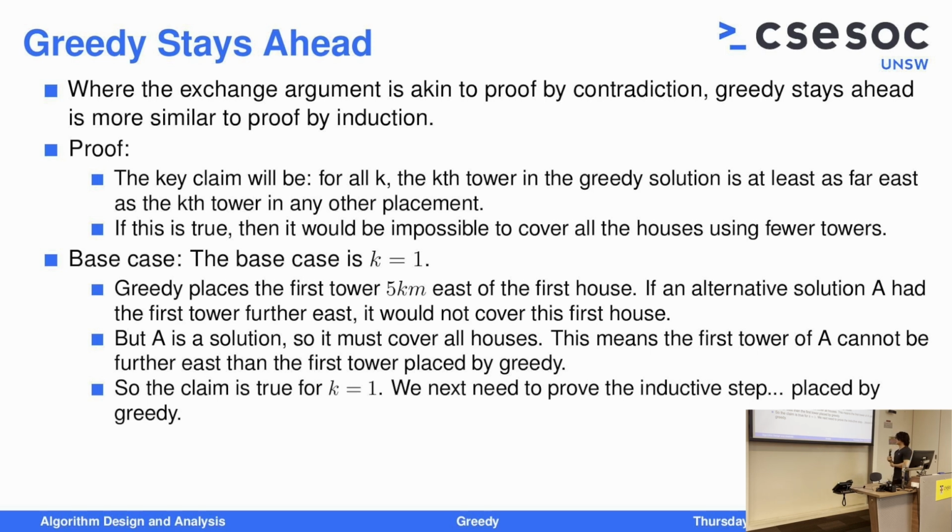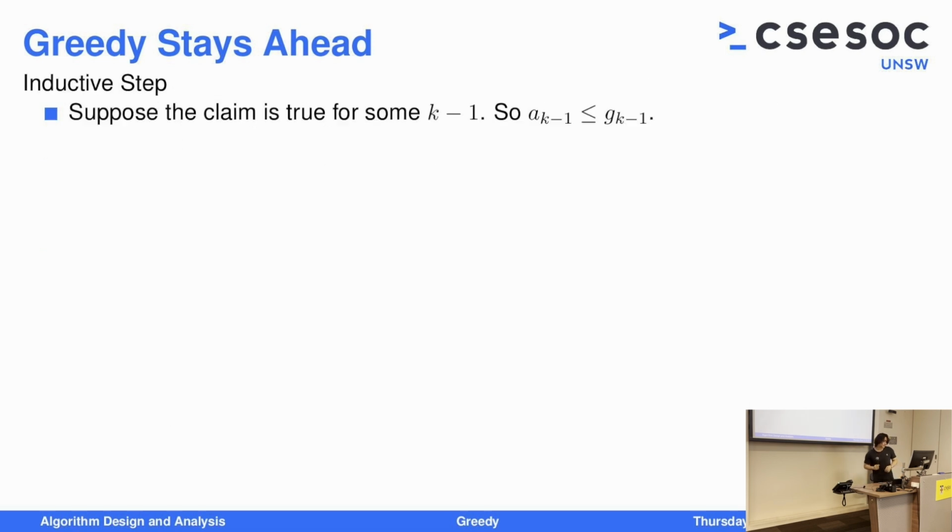We next need to prove the inductive step. Firstly, we suppose the claim is true for k minus 1. So a_{k-1}, the position of some other placement of the (k-1)th tower, is less than or equal to g_{k-1}, which is the greedy placement of the (k-1)th tower.